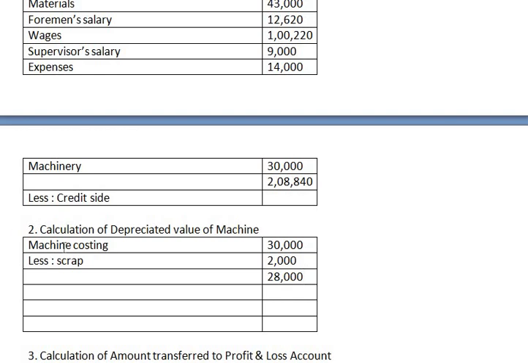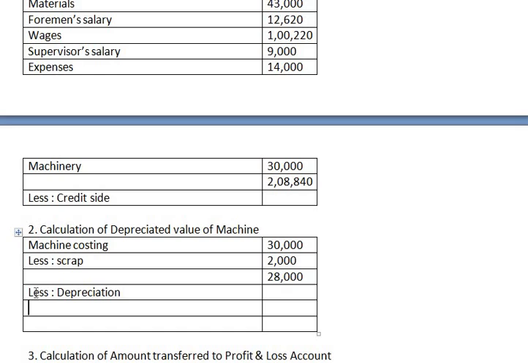Now there is depreciation. Percentage is not given, but the working life of the machine is given, and how much is used for this particular contract they have given. So accordingly we are going to calculate depreciation. From this we need to deduct, less, depreciation.